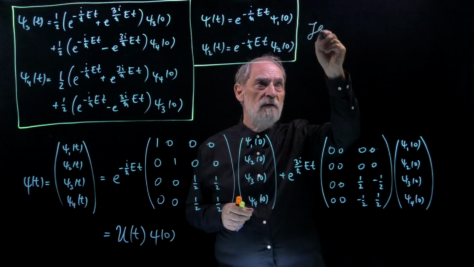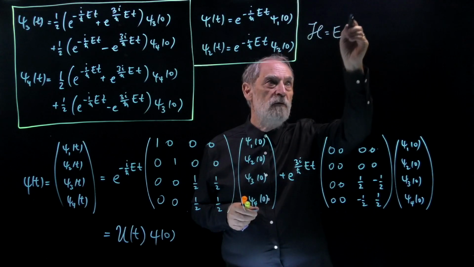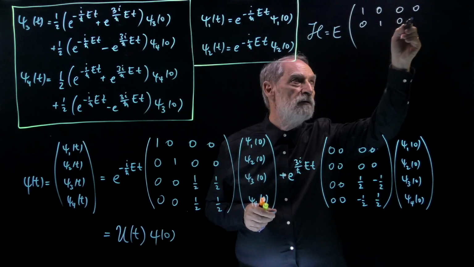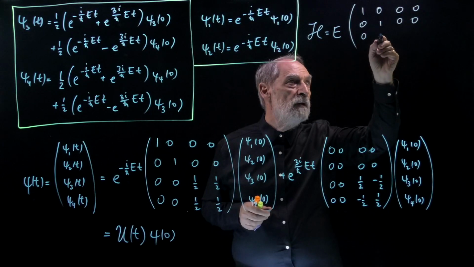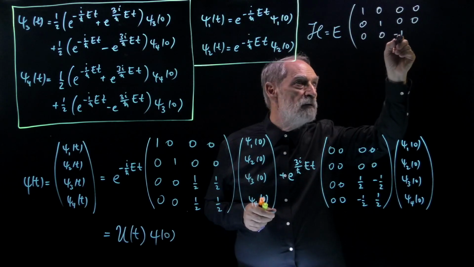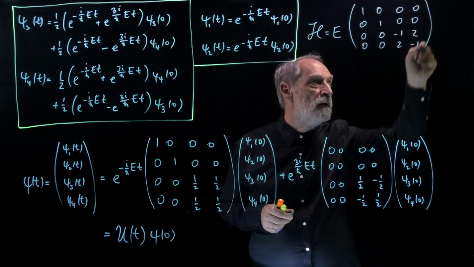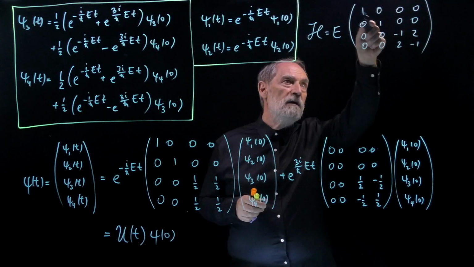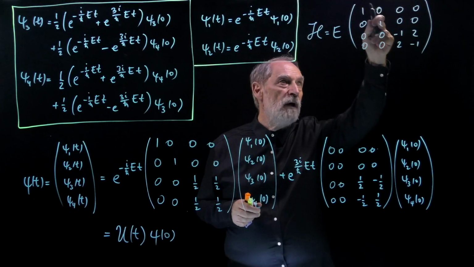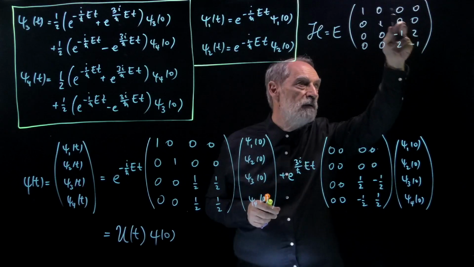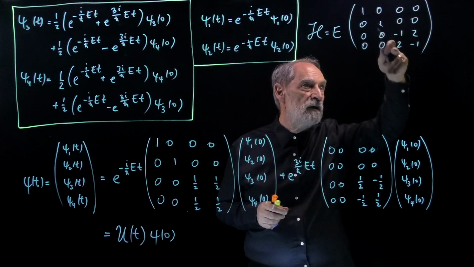So this matrix, I remind you, had this form: 1, 0, 0, 0, 0, 1, 0, 0, and then 0, 0, minus 1, 2, 0, 0, 2, minus 1. And of course, we can immediately read off that there are two eigenvalues e that go with those ones. But what about the eigenvalues of this 2 by 2 sector here?